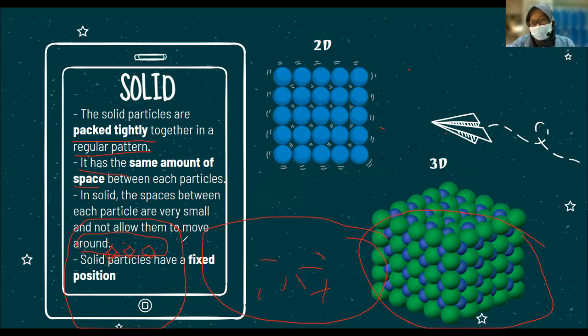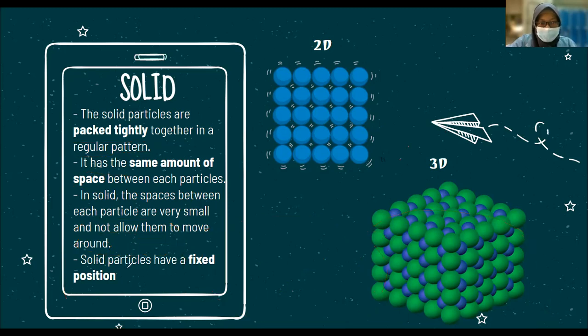That's why when you put a rock into a different container, it cannot change its shape based on the shape of the container, because the spaces between the particles are very small and do not allow them to move around. Solid particles have a fixed position. They cannot slide past one another like liquid, because they have a fixed position.